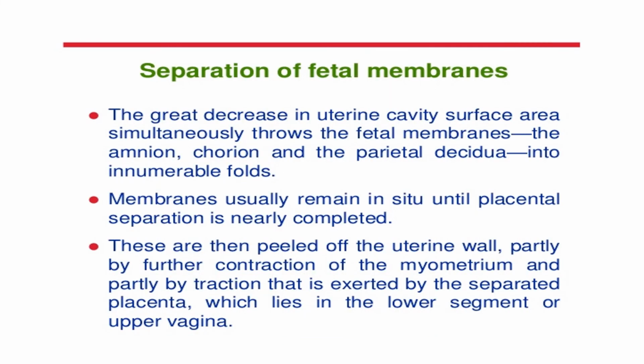Next we can see the separation of the fetal membranes. The uterine activity, that is the contraction of the uterus, will decrease the surface area of the uterus, and because of this decreased surface area, the fetal membranes will start to separate.